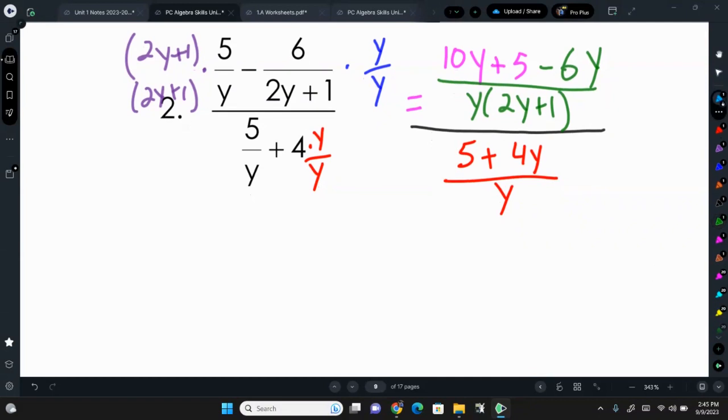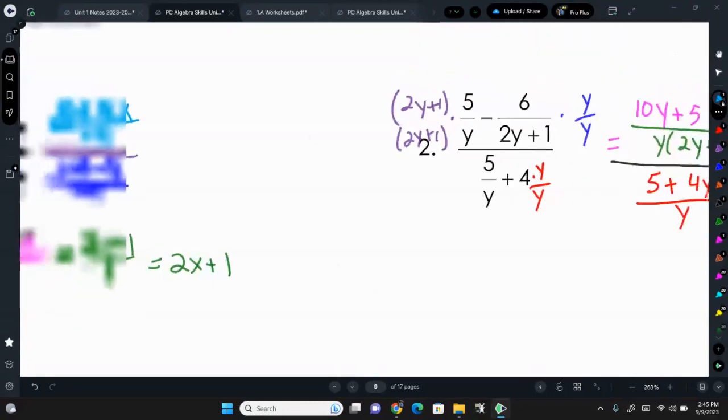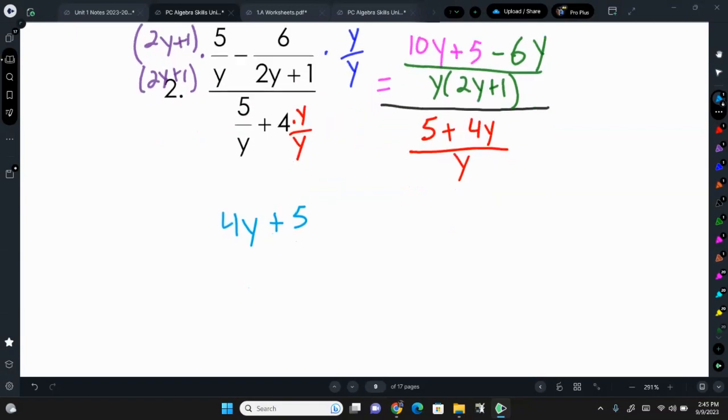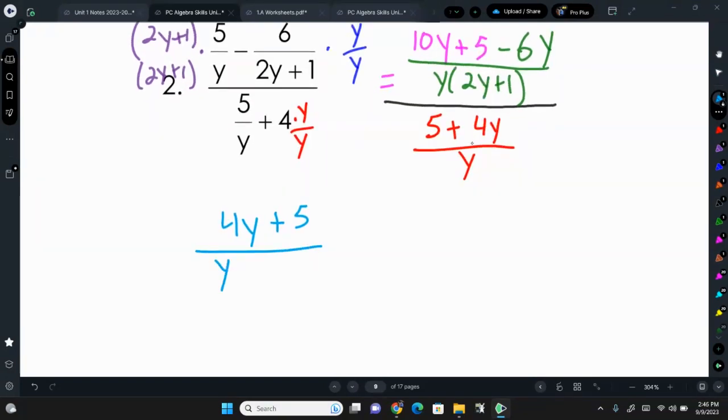Our top fraction, 10y plus 5 minus 6y over y times 2y plus 1, is going to be 4y plus 5 over y times 2y plus 1.